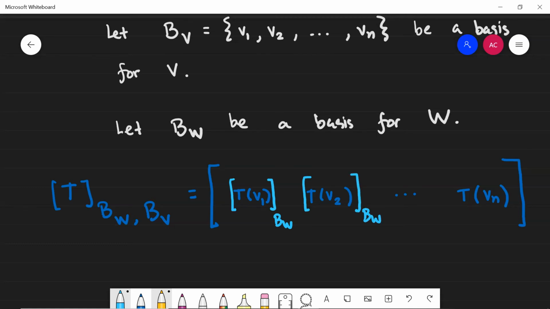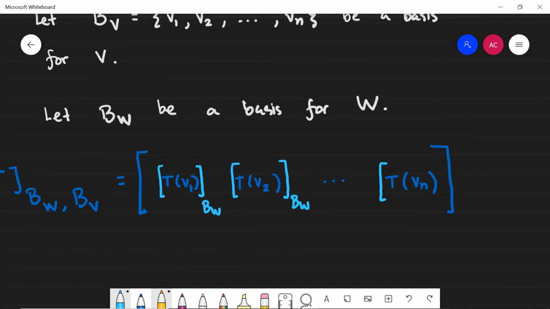B sub W. And then I look at each of these vectors' corresponding coordinate vectors with respect to the basis that I chose for the codomain.